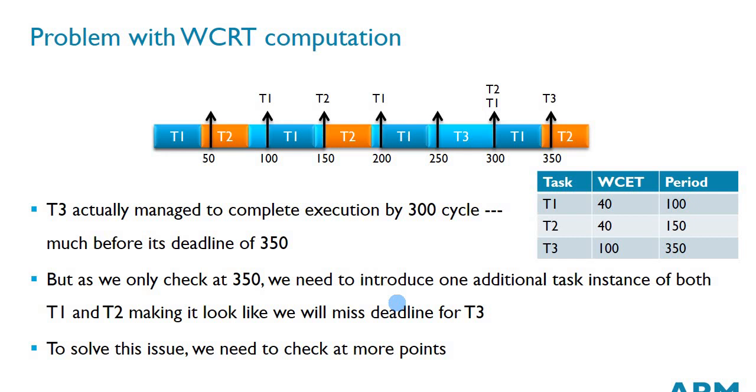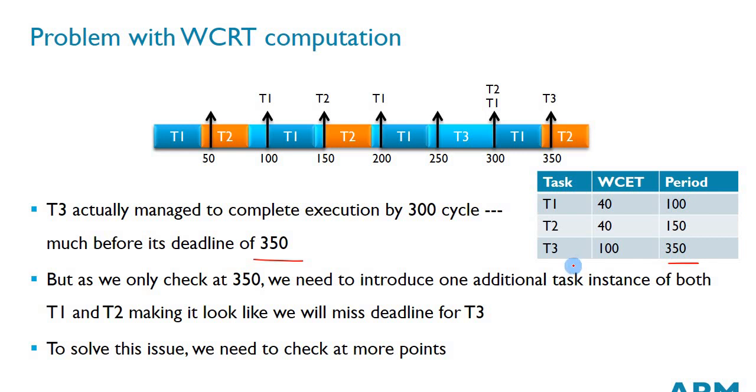The problem with the current approach is we are looking at only the deadline of 350 and trying to see how many instances of the higher priority tasks have already been launched. At time 350, which is the deadline of task 3, we are looking at how many times task 1 and task 2 have already been launched.